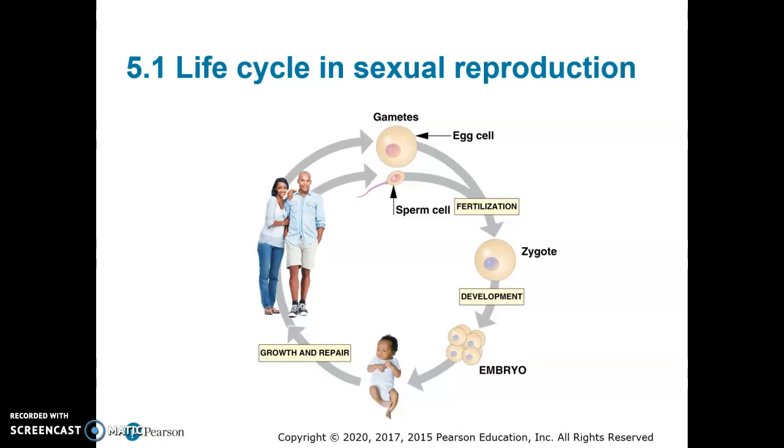So it's called a zygote, and that zygote undergoes mitosis. So all of this from here on out is mitosis, mitosis, mitosis. So every body cell is an exact copy of this original zygote cell.